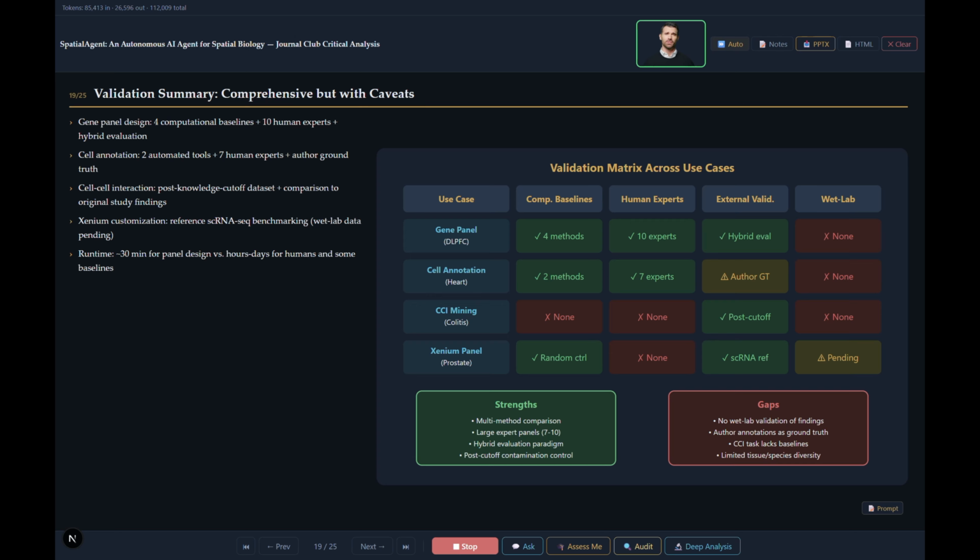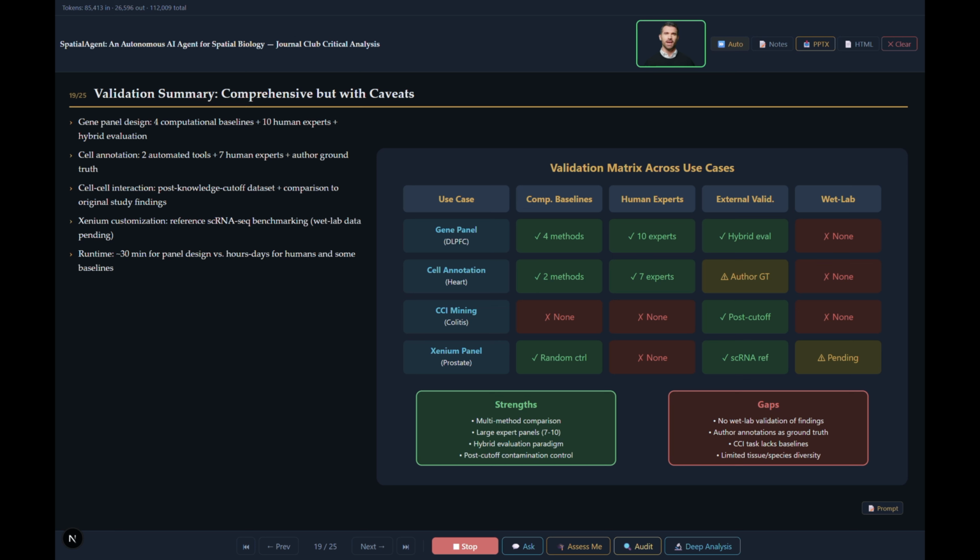This table summarizes what was validated and what wasn't across each use case. Gene panel design has the strongest validation: 4 computational baselines, 10 human experts, and hybrid evaluation. Cell annotation is also well validated against 2 automated methods and 7 experts, though relying on author annotations as ground truth is a limitation.